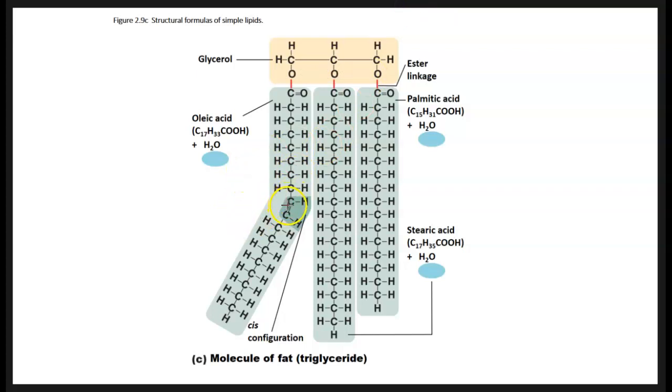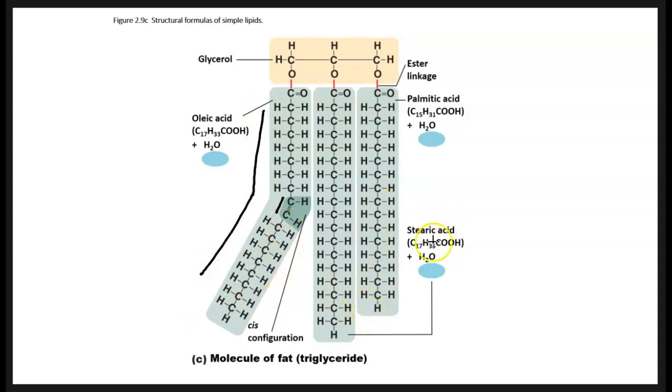The single covalent bonds are relatively flexible because they allow those joined atoms to rotate in a number of different ways. The double covalent bonds are more rigid, so there's less freedom for those carbons joined by the double bond to move around, and this creates a kink in the structure of these fatty acids that contain a double covalent bond.